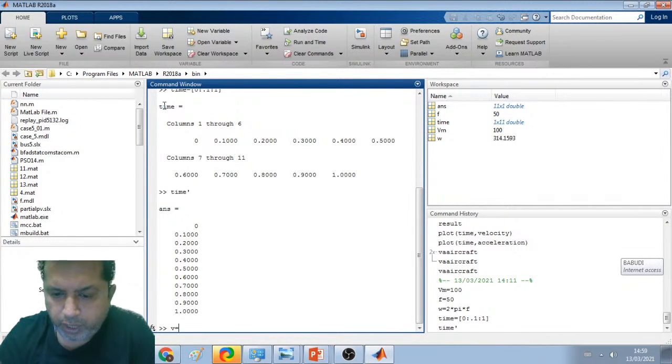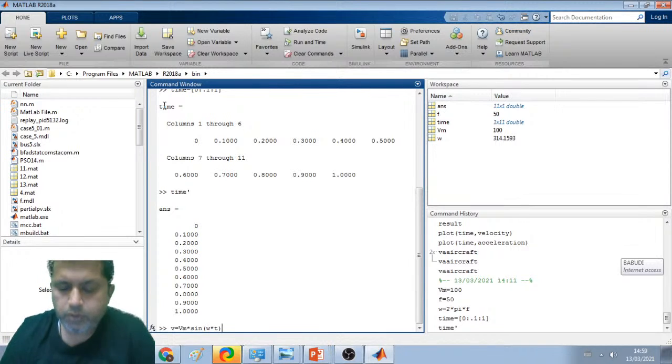So voltage V is equal to Vm multiplied by, we are using sine function, sine omega t. Omega is 2 pi f, so I will write down W star time t.